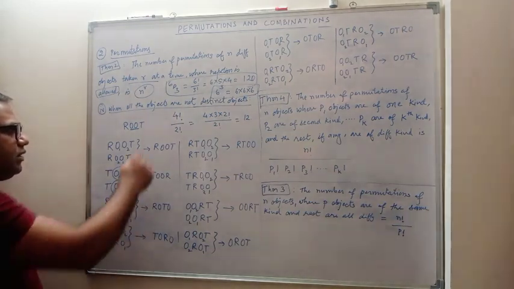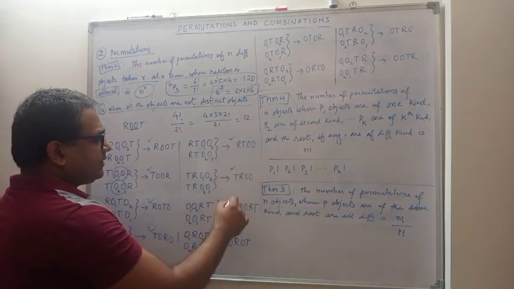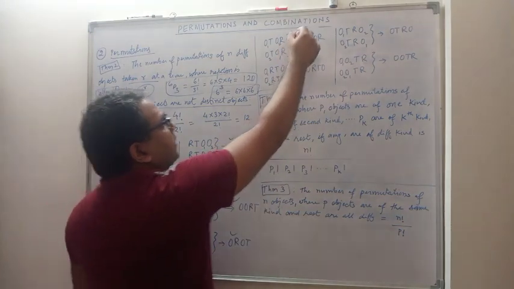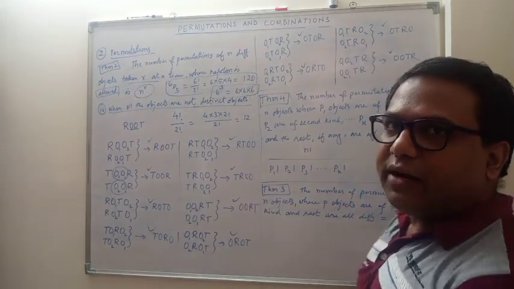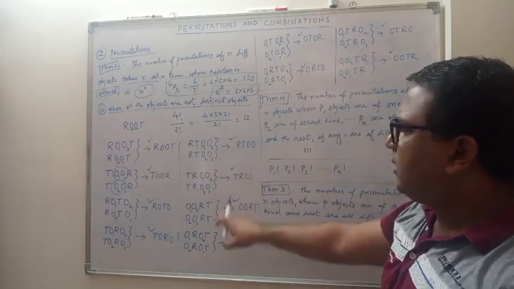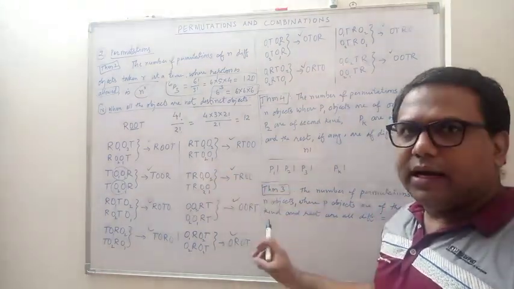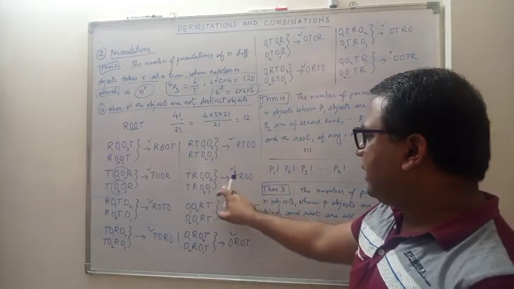Likewise, it has 1, 2, 3, 4, 5, 6, 7, 8, 9, 10, 11 and 12. So we have 12 arrangements. You can pause this video and read one by one how I have managed all these words.